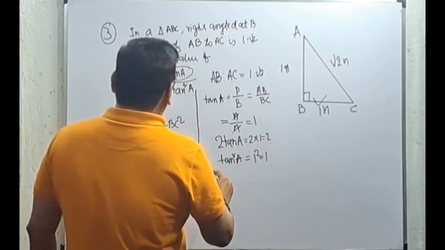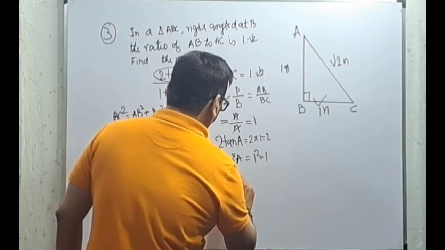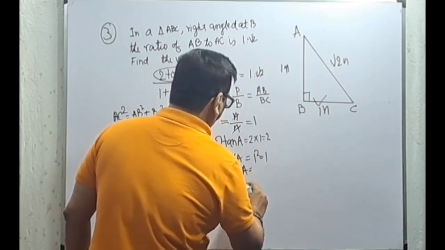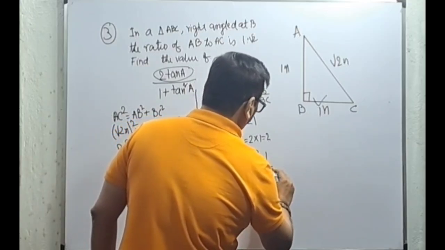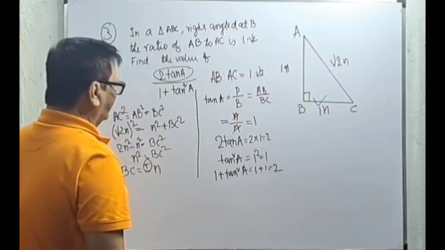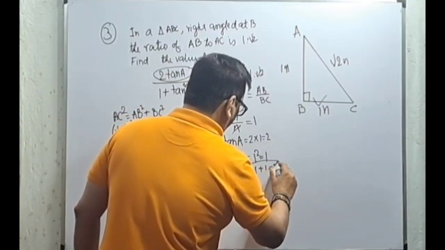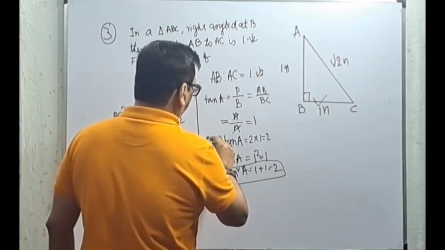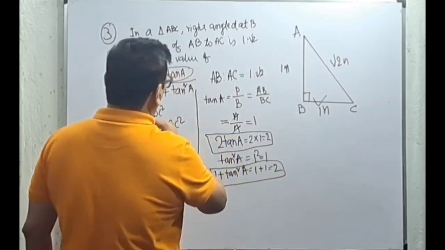Correct? So 1 plus tan square A is equal to 1 plus 1 is equal to 2. Correct? So we know the value of tan square A. We know the value of twice tan A. So we put the values up there.